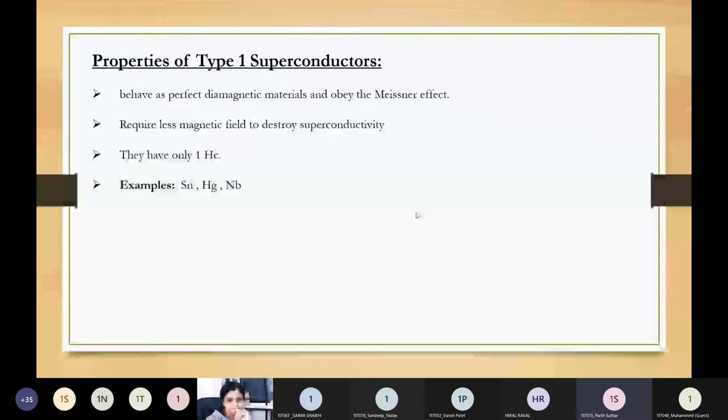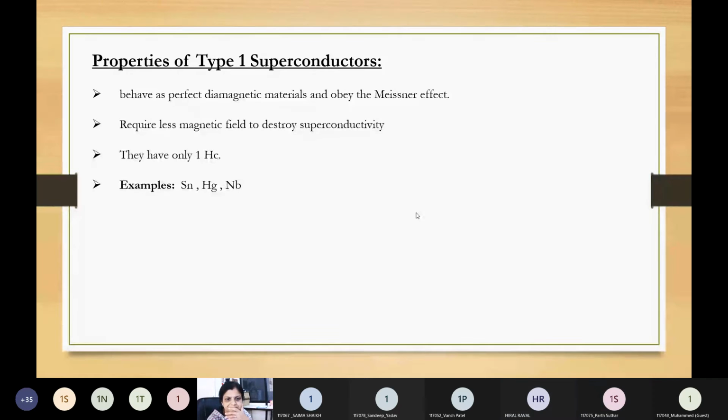Okay, anyone have a doubt? This is for type 1, no? Parth? Yes, ma'am. Type 2 is left still?